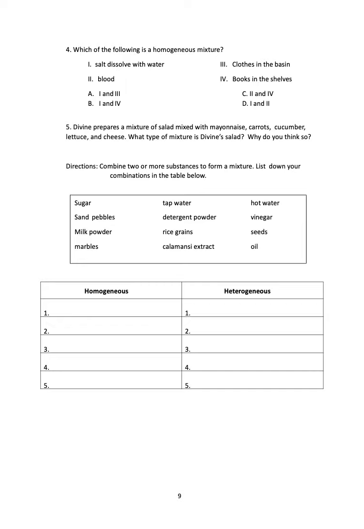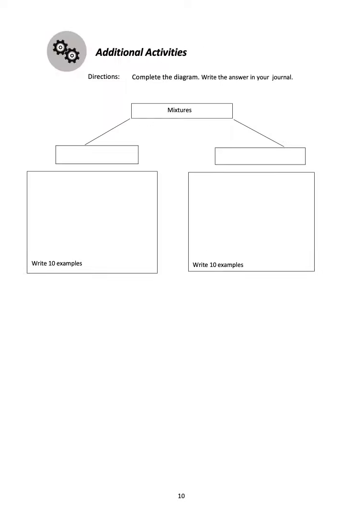And for the last exercise, you have additional activities. You need to complete the diagram and write the answer in your notebook, not in your journal or your module. Ilalagay ito sa inyong science notebook. Mixtures, ano yung dalawang klaseng mixtures na pinag-aralan natin?